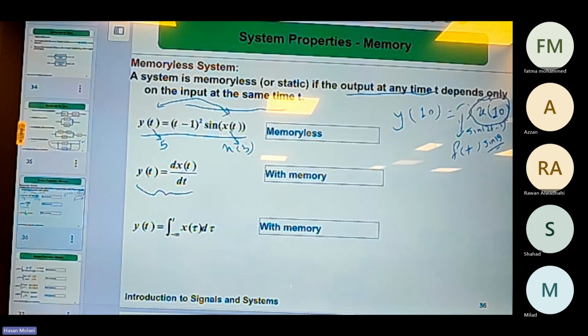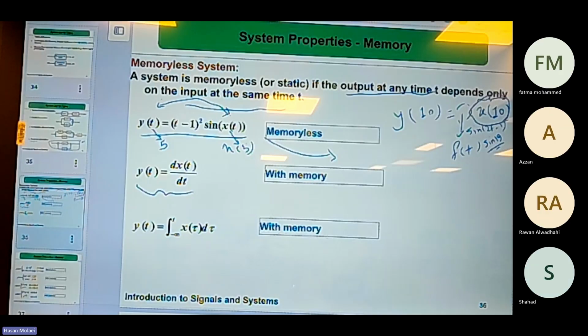It depends on the past inputs. How come? It depends on another time. What is the definition of derivative? Previous time minus. Yeah, that's the definition of the derivative.